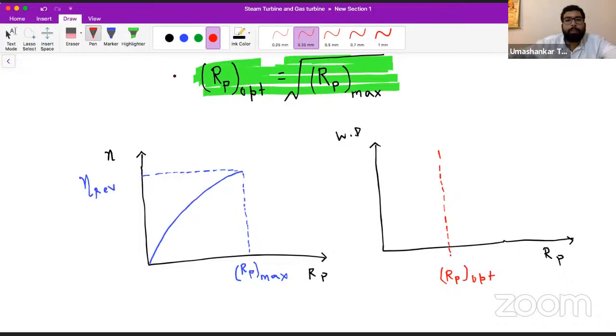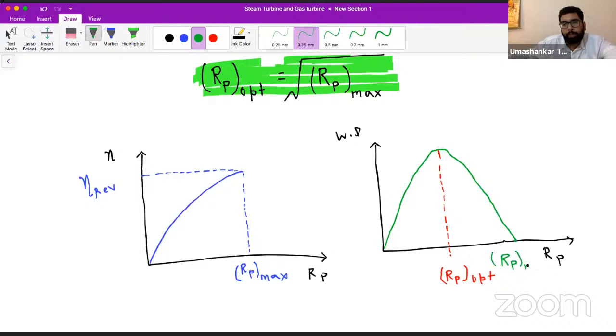So at the optimum pressure ratio, the work will be maximum, and at the RP max, the work we are going to get is 0.